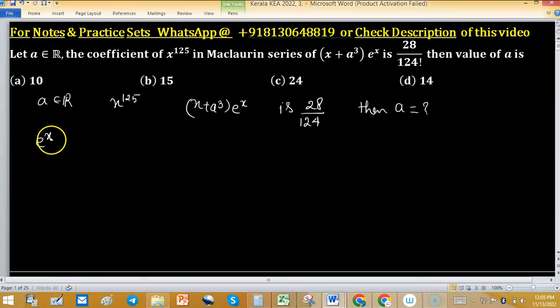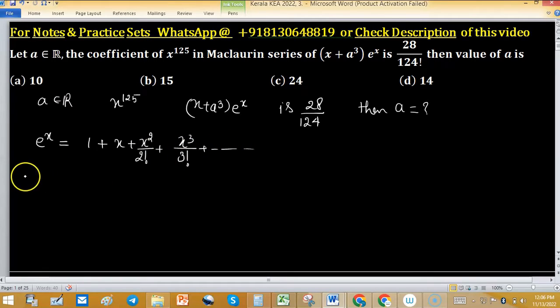As we know, the expansion of e raised to the power x is 1 plus x plus x square upon factorial 2 plus x cube upon factorial 3 and so on.